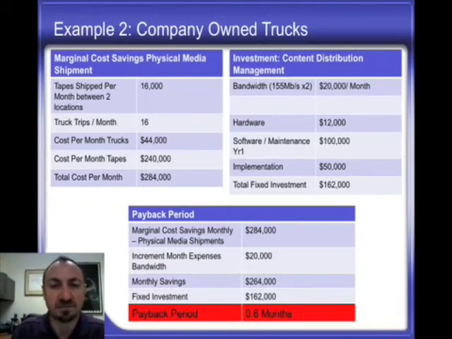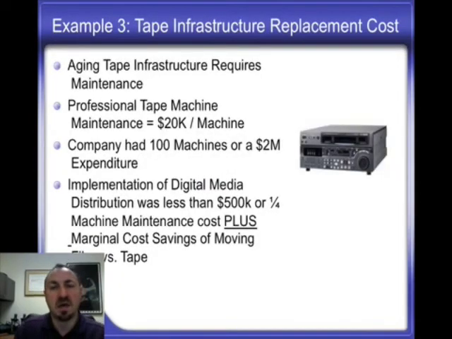Another great example. Another customer that we're working with, in an environment that's somewhat hazardous to tape infrastructure, has about 100 tape machines that they were using to do dubbing and to ingest content, etc. That infrastructure was aging, and they were looking at having to spend about $20K per machine to get them all refurbed. 100 machines.